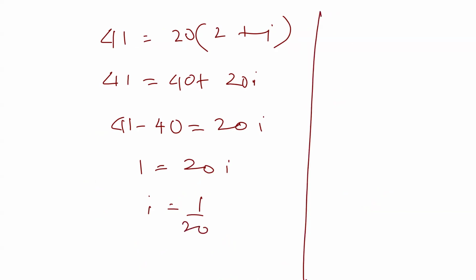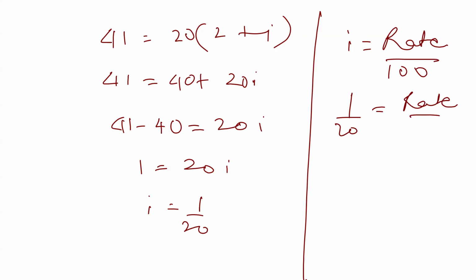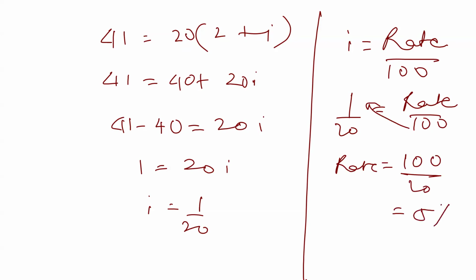But then we know i is equal to rate upon 100. So 1 upon 20 is equal to rate upon 100. So rate is equal to, sending this 100 over here, 100 upon 20, which is equal to 5% per annum. Fine. So that was question number 17 for all of you.